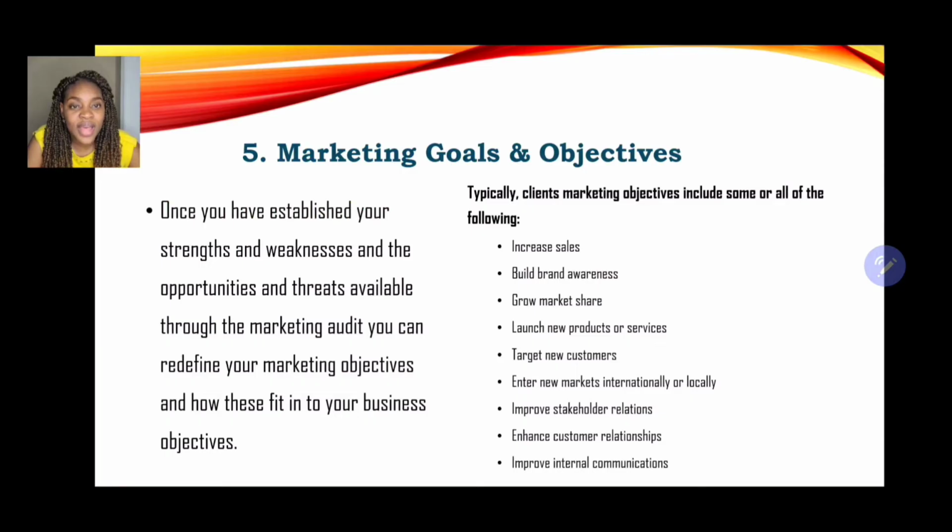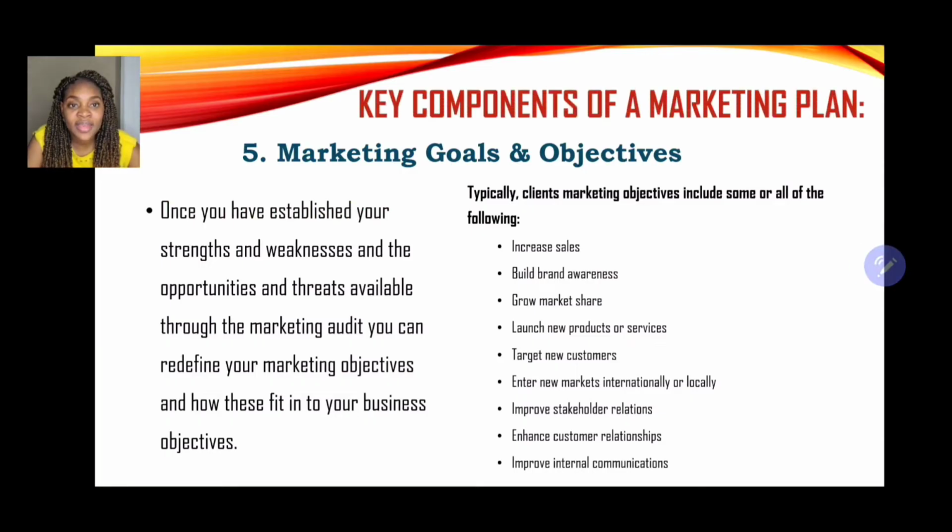Now, let us look at 5. Component number 5 is marketing goals and objectives. Now, once you have established your strengths and your weaknesses and opportunities and threats, that is your SWOT analysis, right? Available through the marketing audit, you can redefine your marketing objectives and how these fit in your business objectives, right?